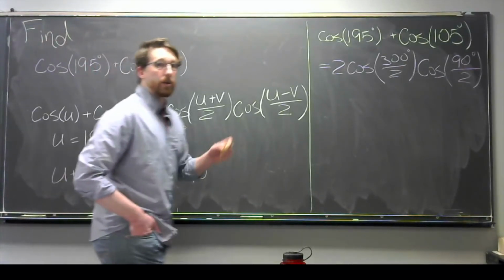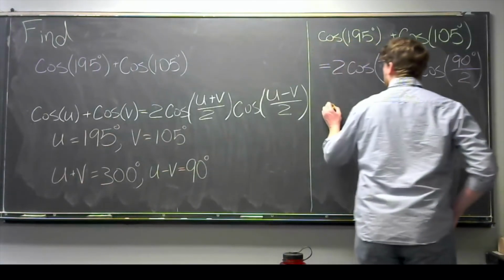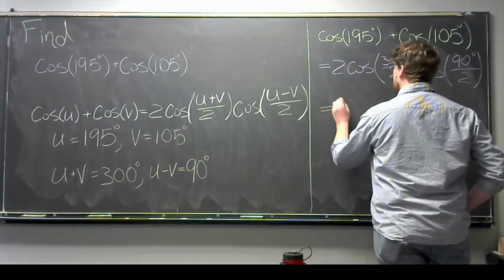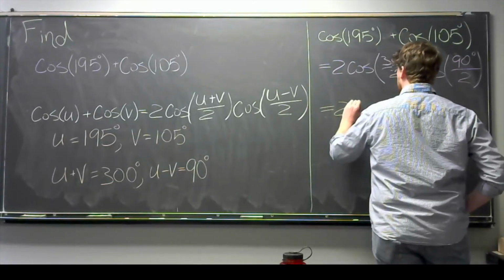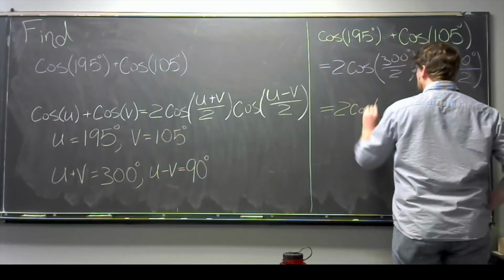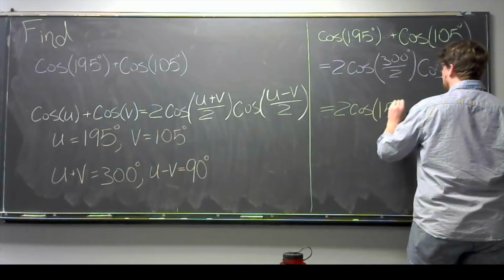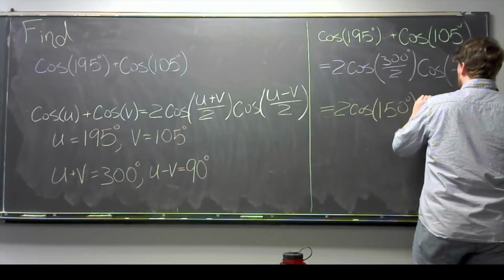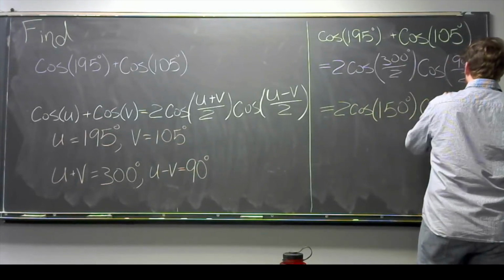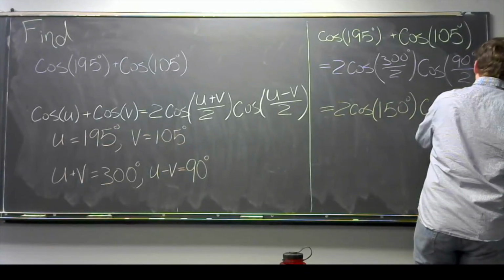We can do some reductions here, and we get that this is equal to 2 times the cosine of 150 degrees times the cosine of 45 degrees.